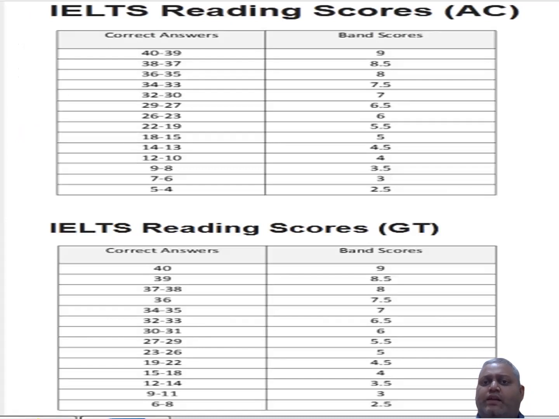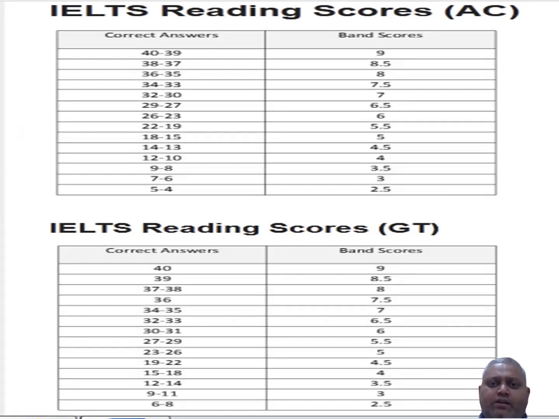IELTS reading scores, that is for AC meaning academic, GT meaning general training. Academic means those who aspire for overseas study. GT means those who aspire for overseas immigration. So both the scores will be evaluated accordingly.